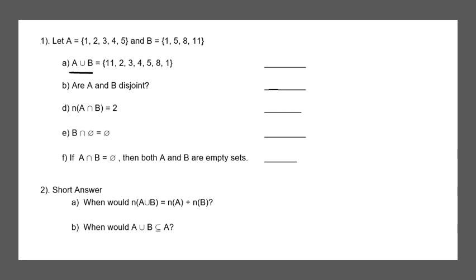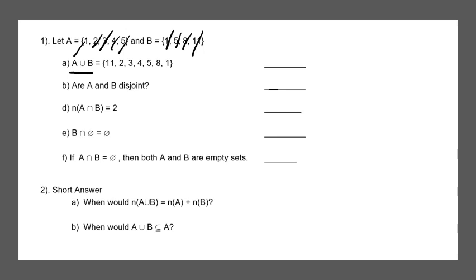Well, we have 1 in there. We have the 2 in there. We have the 3 in there. The 4 in there. The 5 in there. We have 1 in there, 5 in there, 8 in there, 11 in there. So everything in A and B are contained in this union here.